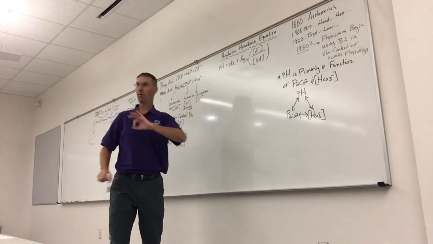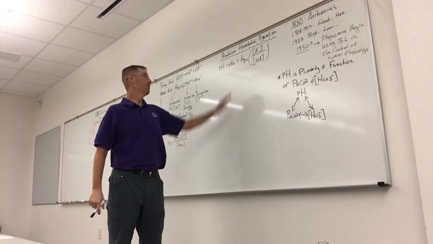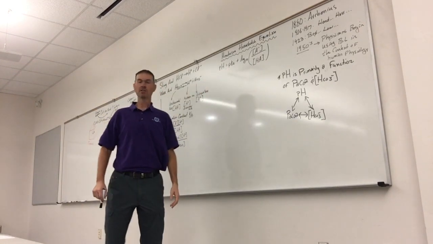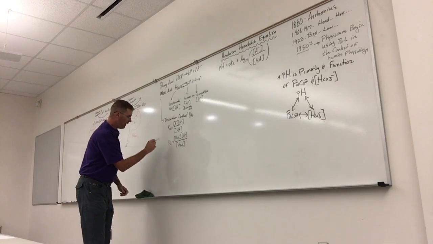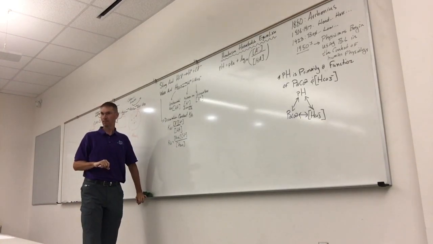So the first thing that I want to do is talk about the pKa. The pKa is nothing more than the negative log base 10 of the Ka. You guys okay with that?